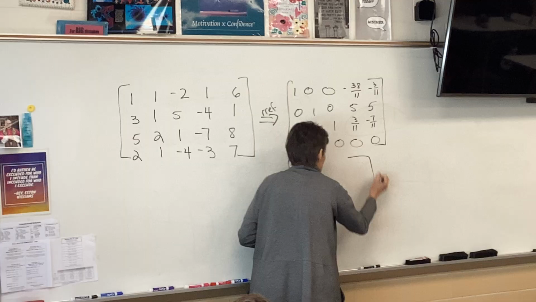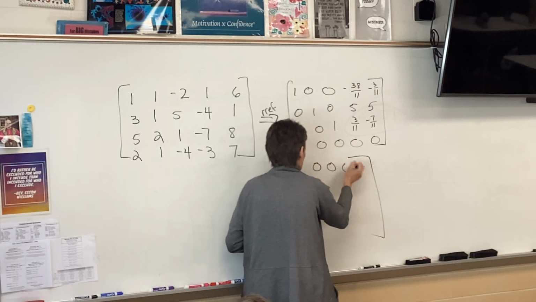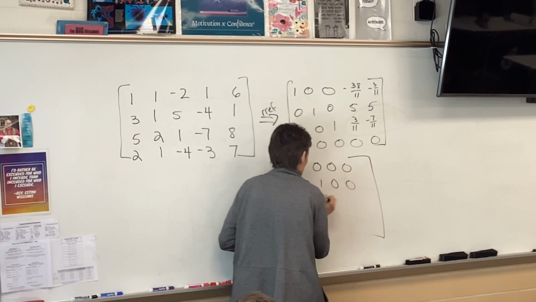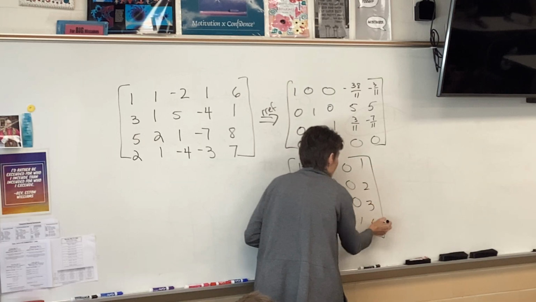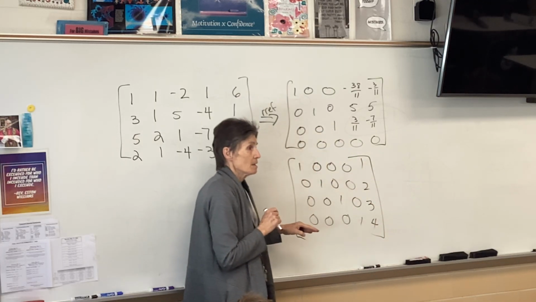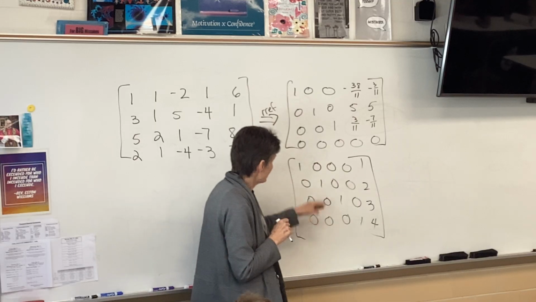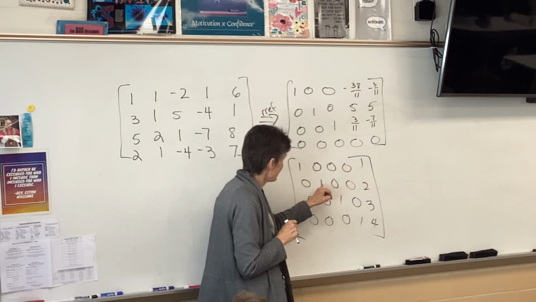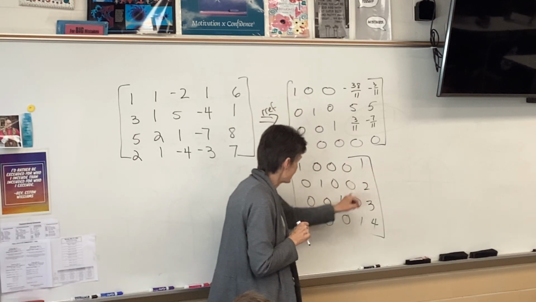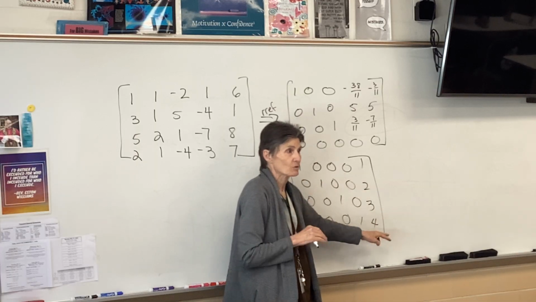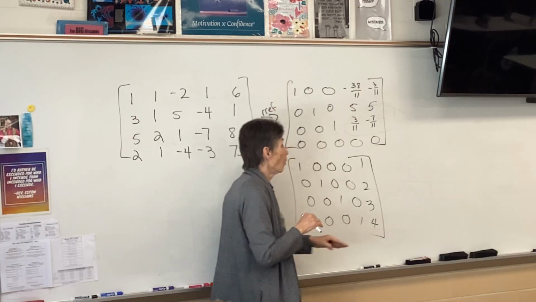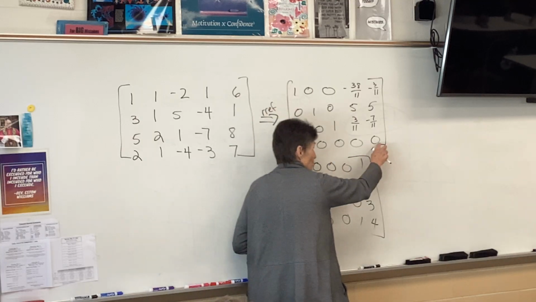In the best case scenario, it looks like this. When it looks like this, then the answer is X is 1, Y is 2, Z is 3, W is 4, or whatever the letters are. What is wrong with this result that we got?